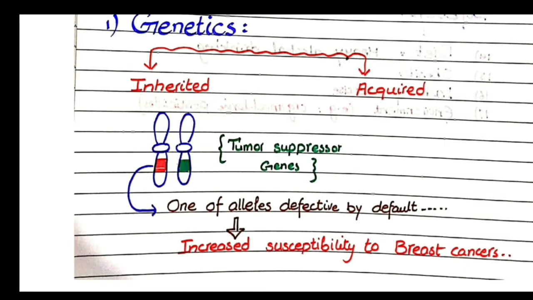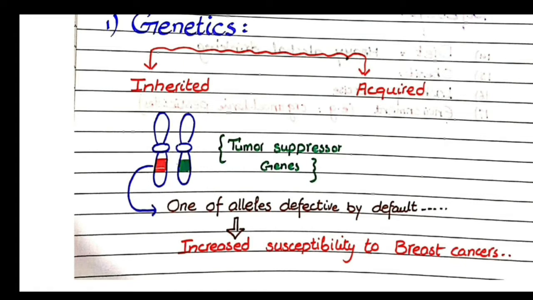In the context of breast cancer, this is not the case. Rather, in breast cancer, the word inherited means that the newborn has increased susceptibility to breast cancer because she is born with an inherited mutation in one of the genes.